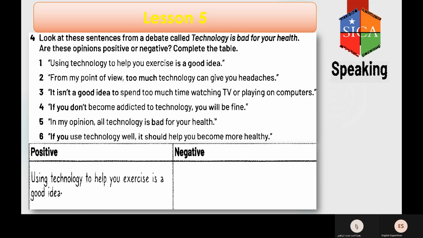Nice one. If you use technology well, in a good way, it should help you become more healthy. This is the last sentence in our session for today. And here is the lesson that we learn, which is to use technology in a good way, to use technology well. And whenever we use it well, it should help you become more healthy.